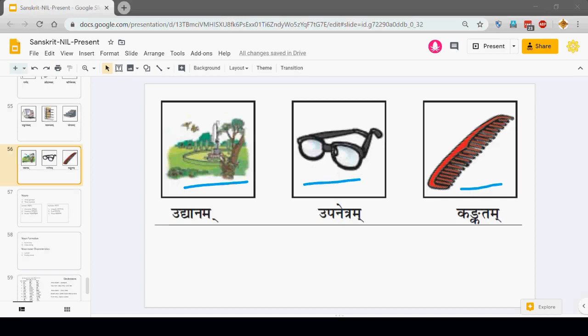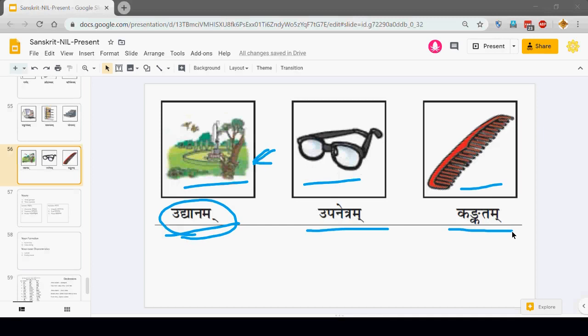So when we say the gender, the lingam is associated with the word, not with the actual object. So Udyanam is a Napumsakalinga or a neuter gender. Upanetram is a neuter gender. Kankatam, the word is of neuter gender.